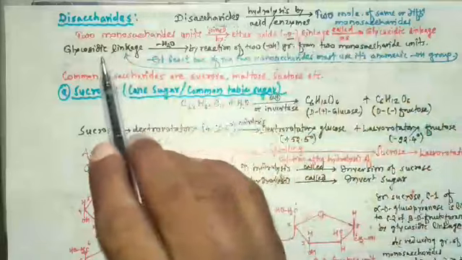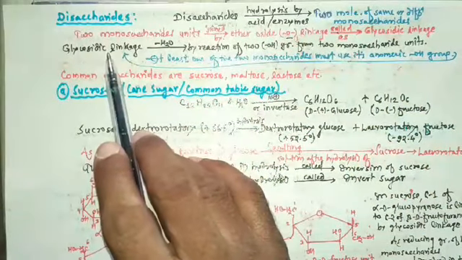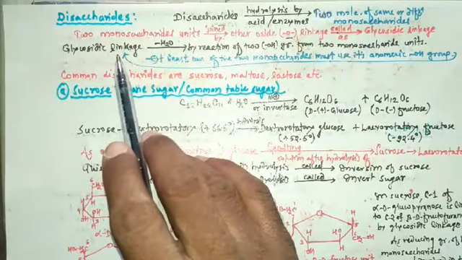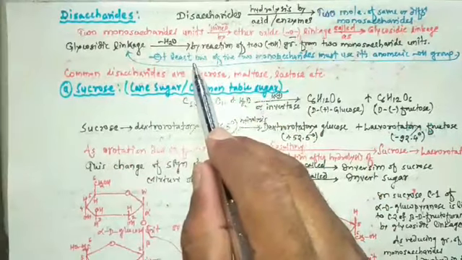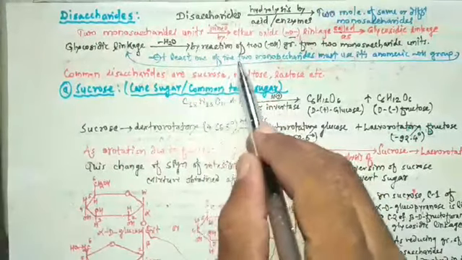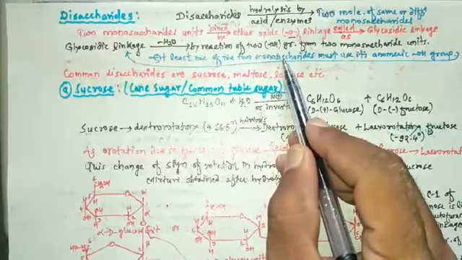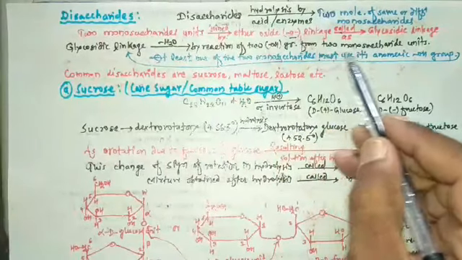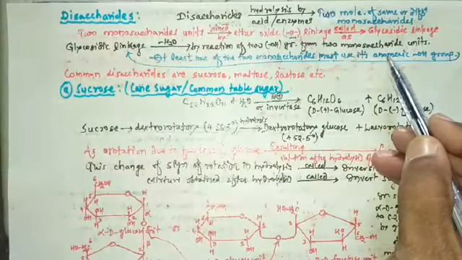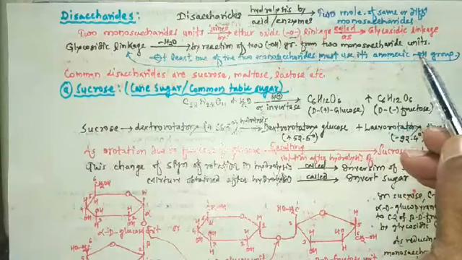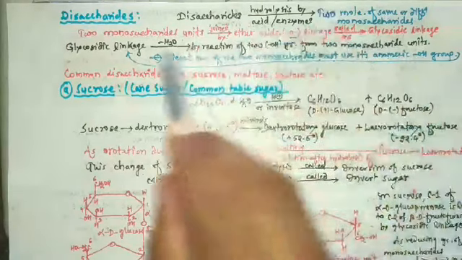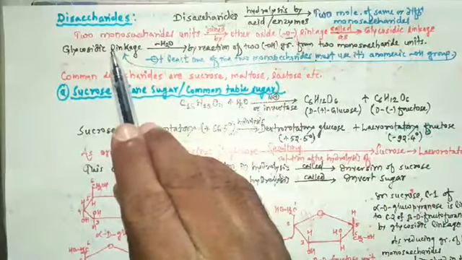Then and only then is the glycosidic linkage formed. So at least one of the two monosaccharides must use its anomeric OH group in the formation of the glycosidic linkage.